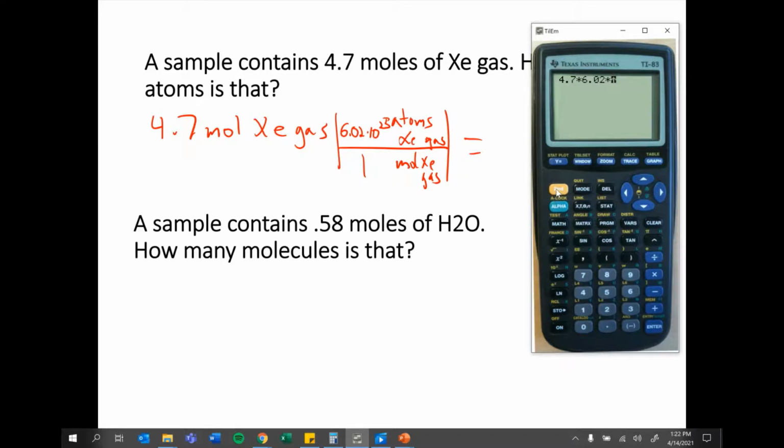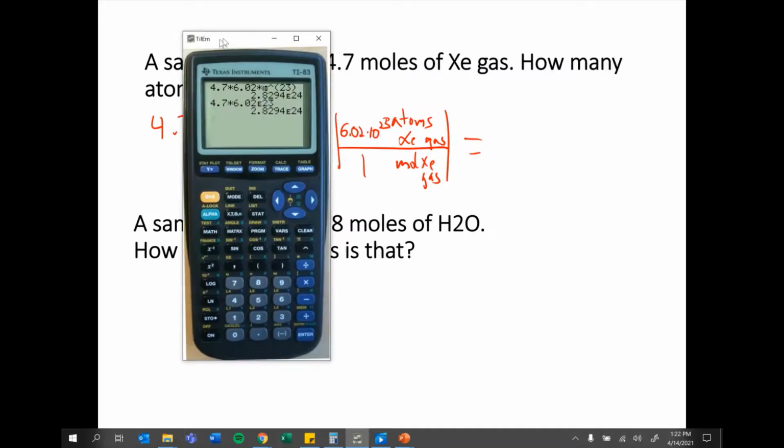So I'm going to do times, second, click 10 to the power of 23, and then that will give me my number. But there's an easier way to do this. If I do 4.7 times 6.02, instead of doing all this, I could do second EE, and this EE is like times 10 to the power of 23.